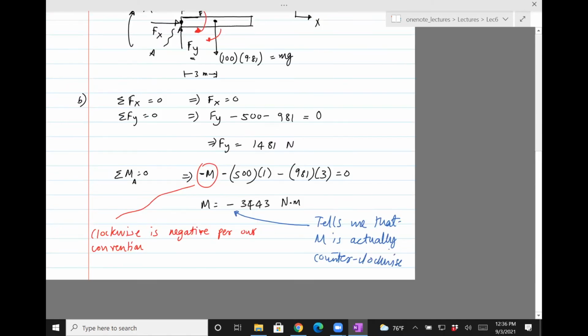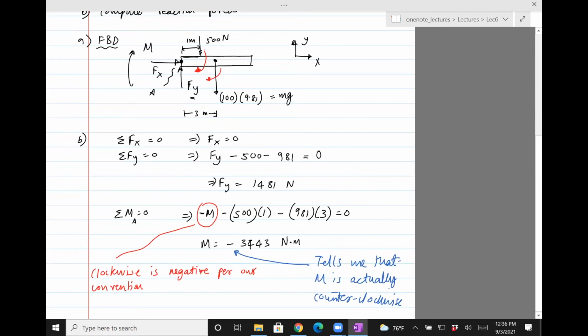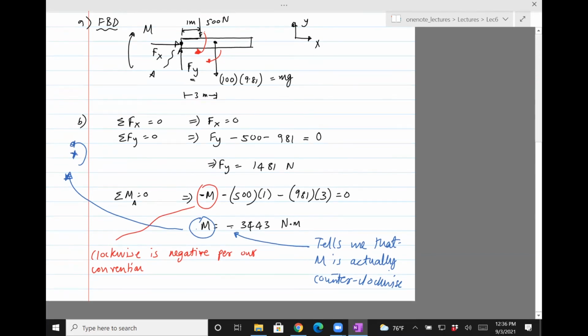So what this is saying is that it's negative, but it's negative of this, which means this force is actually this way, which is positive, I agree, but this sign is not indicative of this sign here. It's just telling you that the direction was opposite to what I started. So it's a bit confusing, but that's what you need to interpret it as.